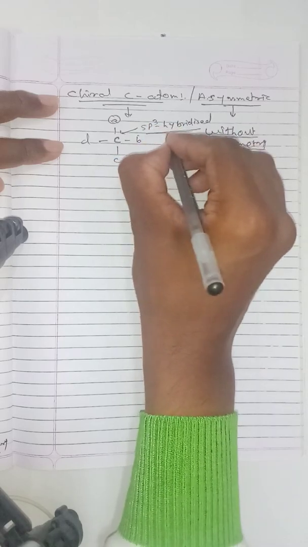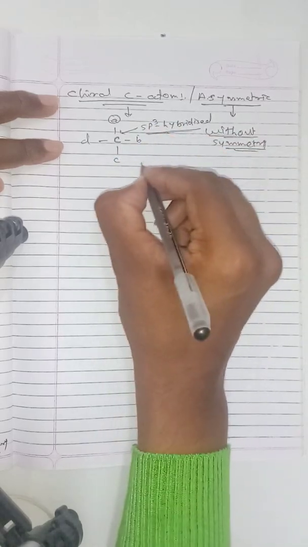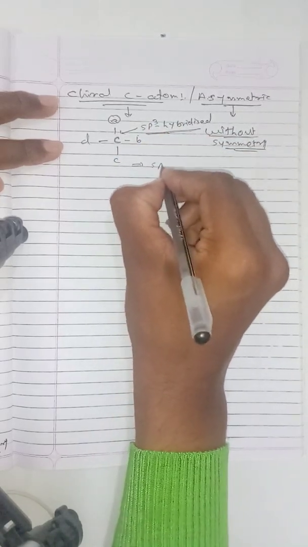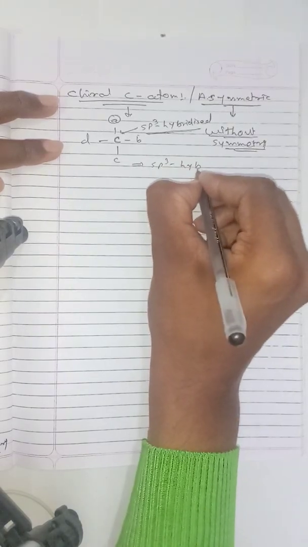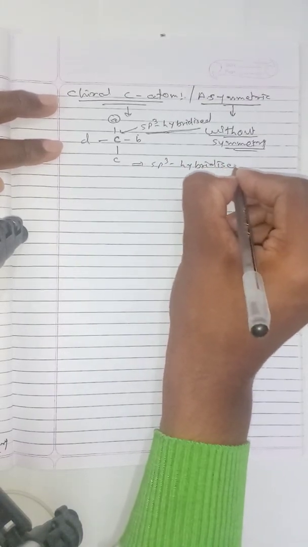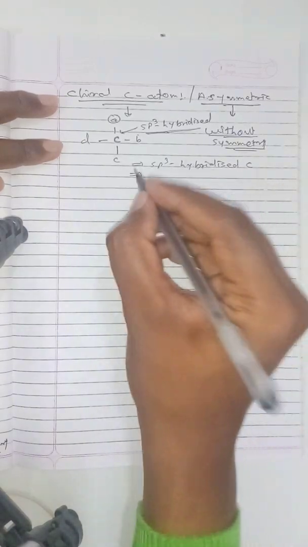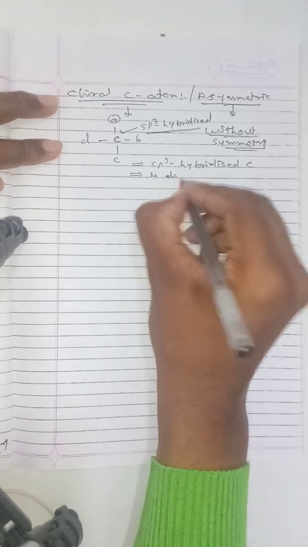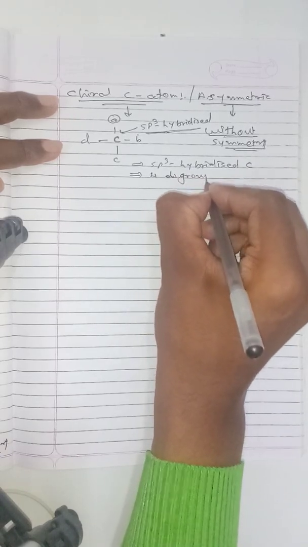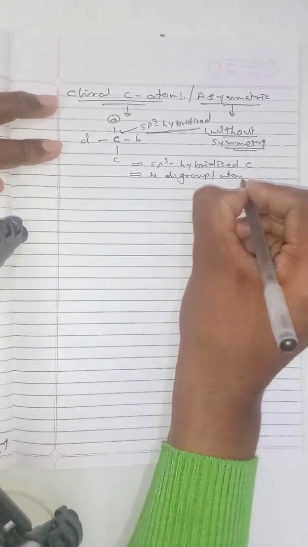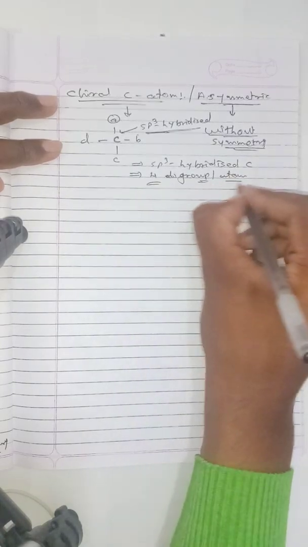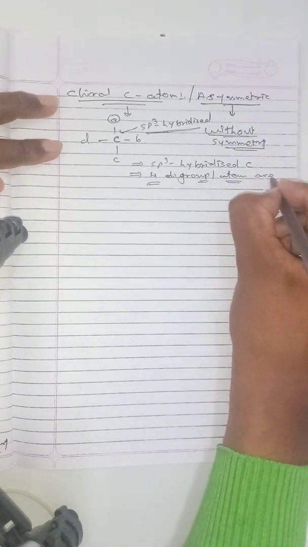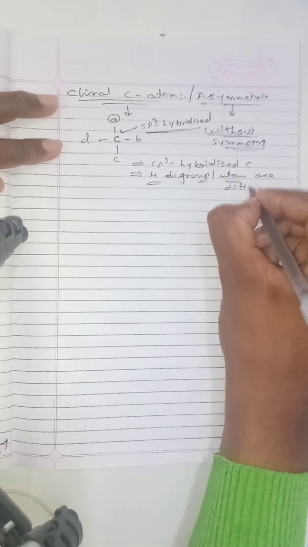This is the main condition to be a chiral carbon atom. Number one, it must be an sp3 hybridized carbon. And second condition, all four groups or atoms must be different.